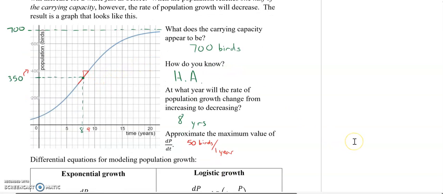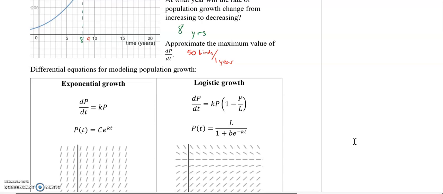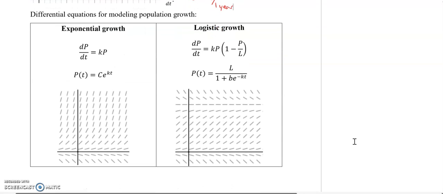Okay, so these two different models are both very common population growth models. We've seen the exponential growth, that's dP/dt is directly proportional to P, and we've solved that to be the population equals C times e to the kt. When we look at logistic growth, notice that we still have that kP in the mix, but we also have this 1 minus P over L, and that's kind of important.